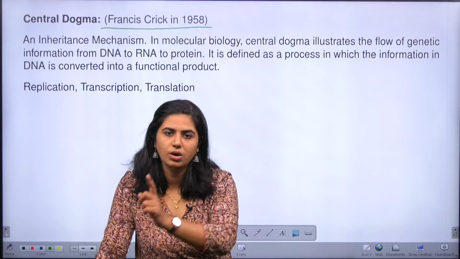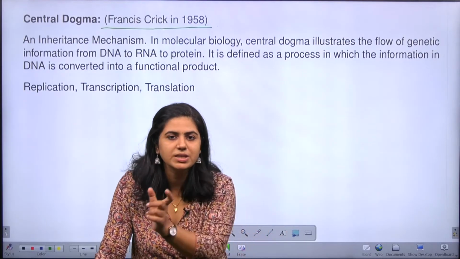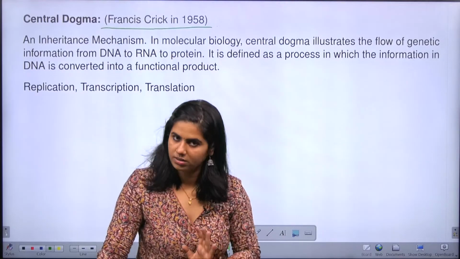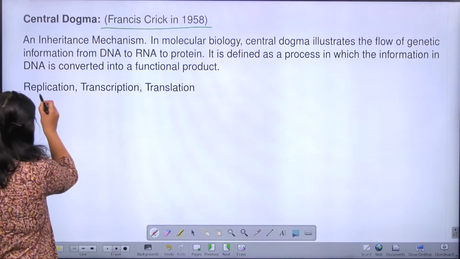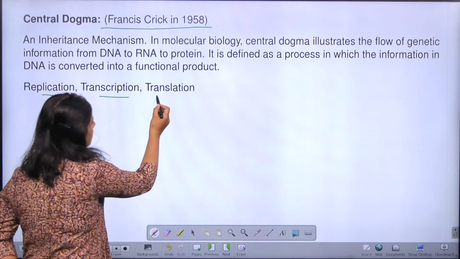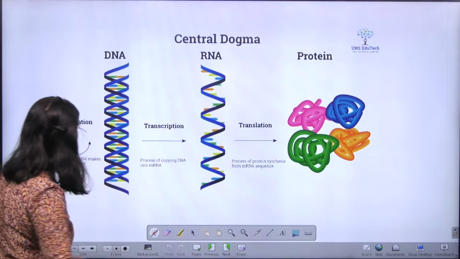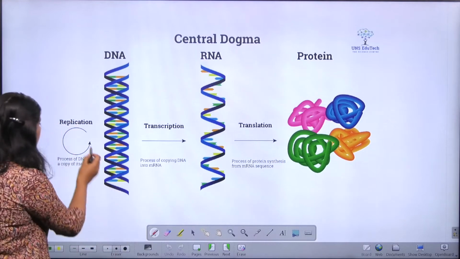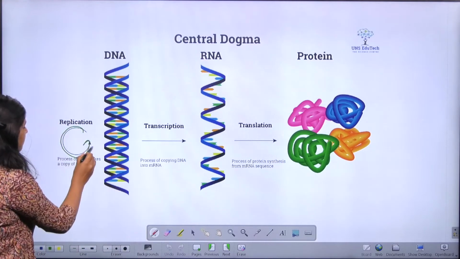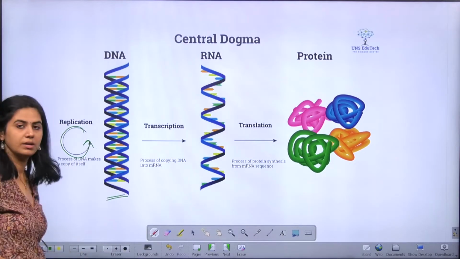This process is called central dogma. What are the different steps involved in central dogma? The basic steps are replication, transcription and translation. If you see this image, DNA normally undergoes replication, where different copies of the same DNA are made.